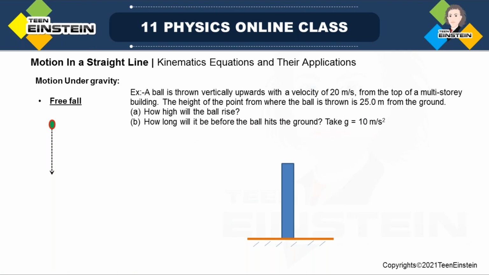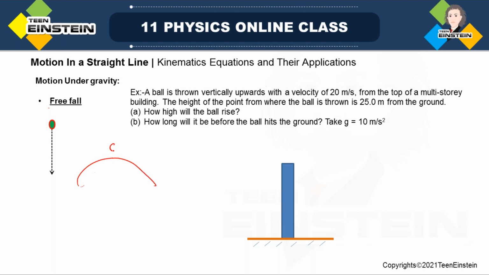Now we'll see how we can apply these kinematic equations for vertical motion or a freely falling particle. So what is a free falling particle? You have the earth surface over here.